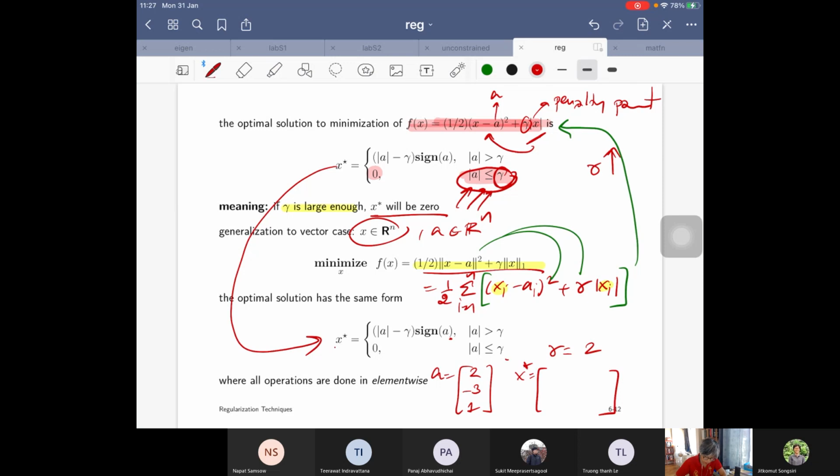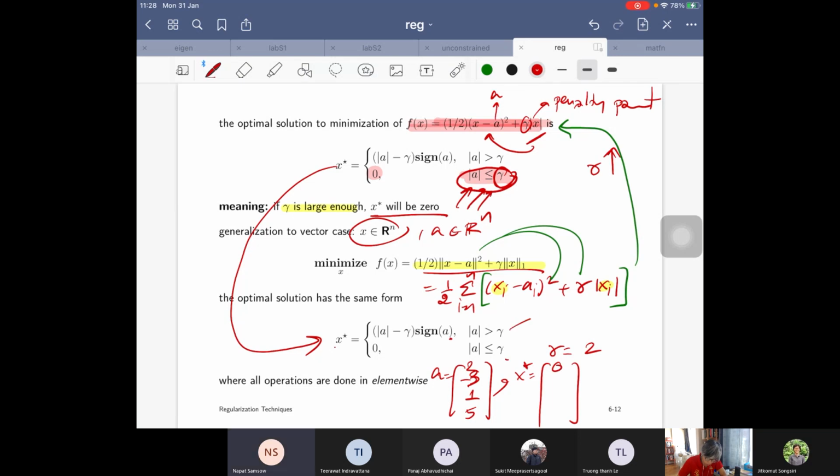Napat, now the first entry of x star. 0. The first entry is 0, right? Napat, the second entry.